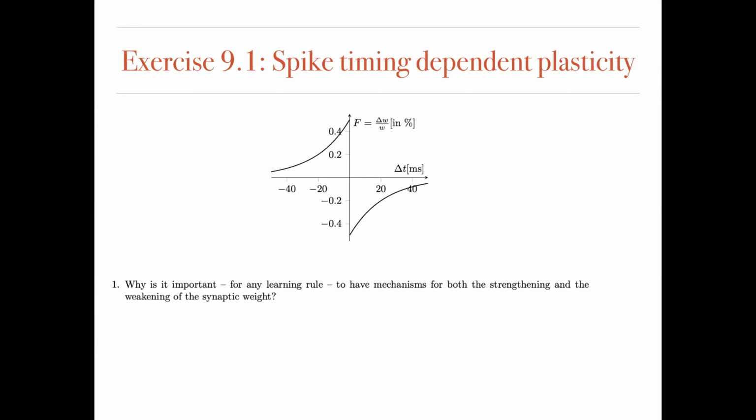It would cause basically everything to fire, and this would basically lead to epilepsy. So having inhibition and weakening of synaptic weights helps us normalize the inputs and helps us balance the network in order to work efficiently.